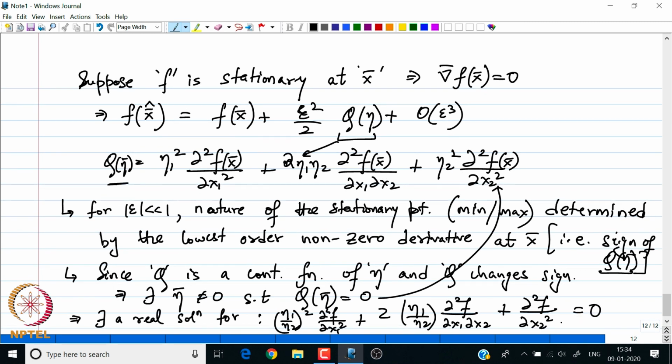So, this is a quadratic equation for the unknown eta 1 by eta 2. Which means we have to worry about the discriminant and see how it changes sign. Standard arguments in quadratic equations.